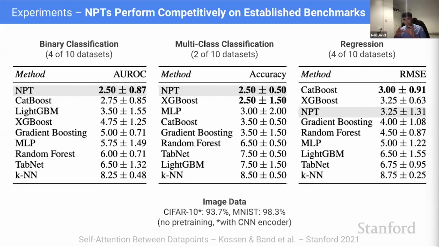The key difference between that type of idea and NPTs is that we also learn the relationships between the data points themselves, because we use this parametric attention mechanism to learn the relationship. So we're not just learning an embedding independently. We're backpropagating through the entire process, learning the ways in which we would embed this, but also the ways that the lookup would occur, and essentially the relationships, which could potentially be higher order as well. Okay, cool.